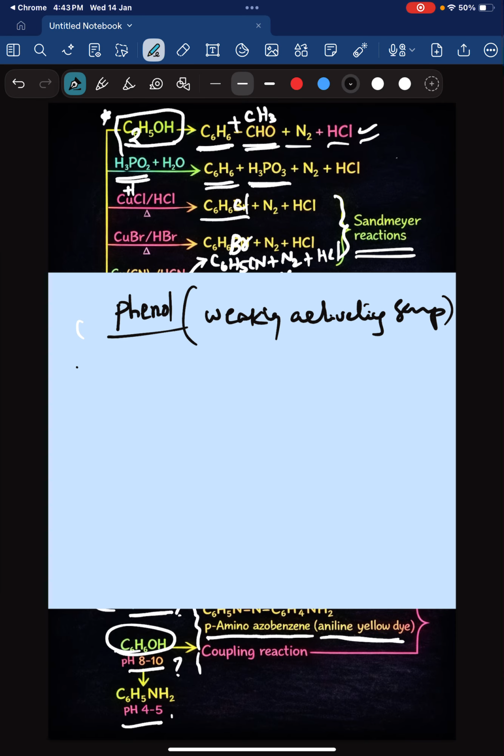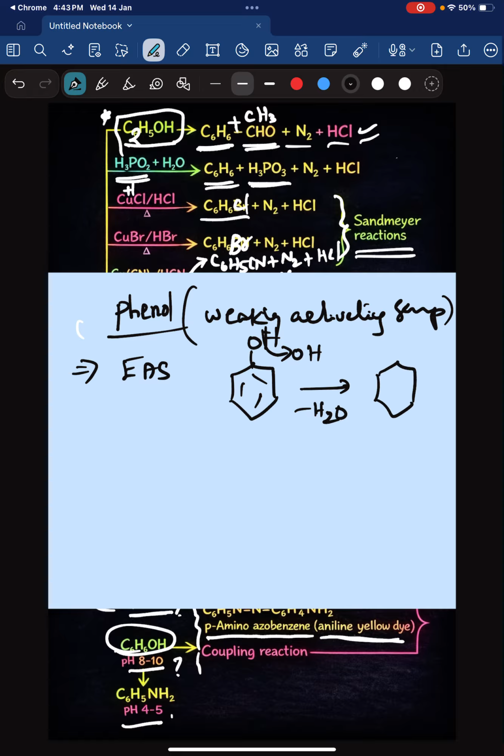But this coupling reaction is an example of an EAS reaction. So strong activators are required to make the coupling reaction. So in the presence of basic medium, this loss of H plus happens from the phenol and it loses water and becomes sodium phenoxide ion. So that will activate the ring and increase the coupling reaction formation. That's why with phenol the pH value will be 8 to 10.